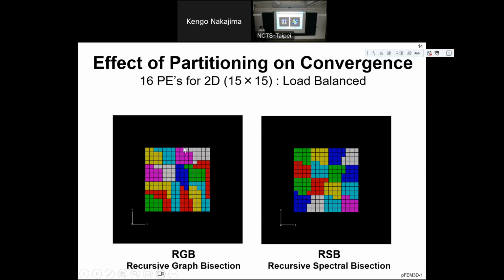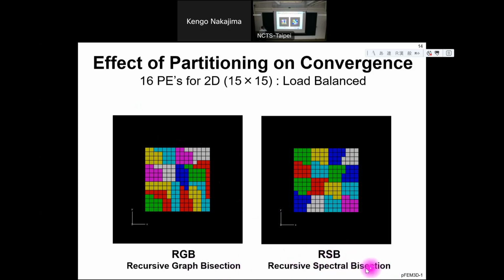The difference in the number of meshes in each partition is 1 or 2, so it is very well balanced. RGB and RSB are names of methods for this kind of partitioning. These methods are actually not really used in recent days. RGB stands for recursive graph bisection, and RSB stands for recursive spectral bisection.